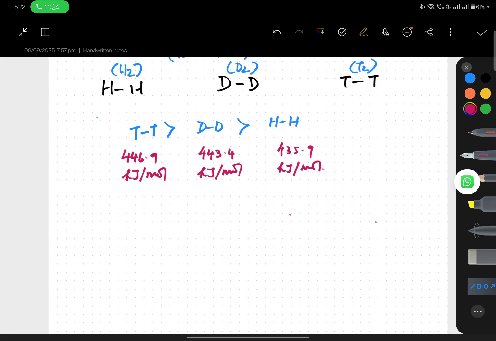Because maybe neutrons are higher. Okay, if neutrons are there, how will the neutron enhance the bond strength? More electrons, more protons, they attract each other. Okay, fine. Why is it very difficult to break the bond in tritium? Think.